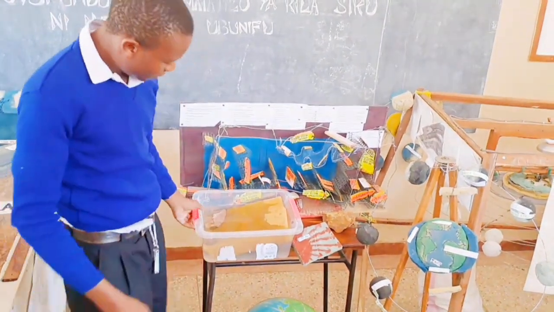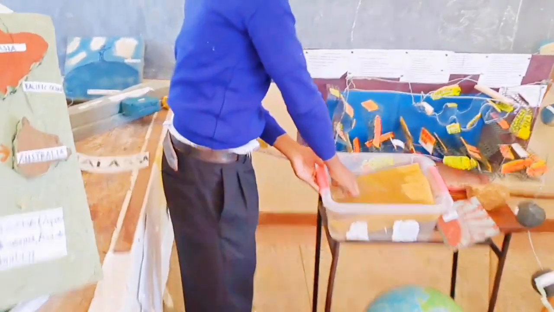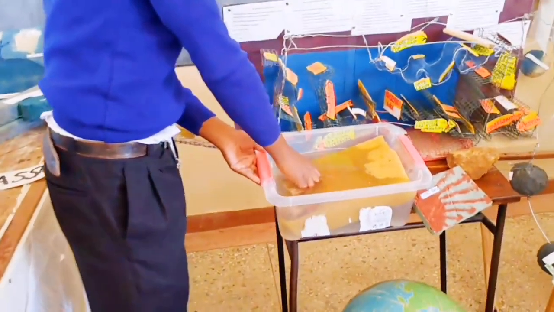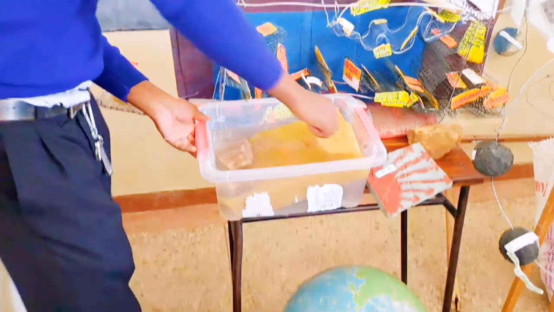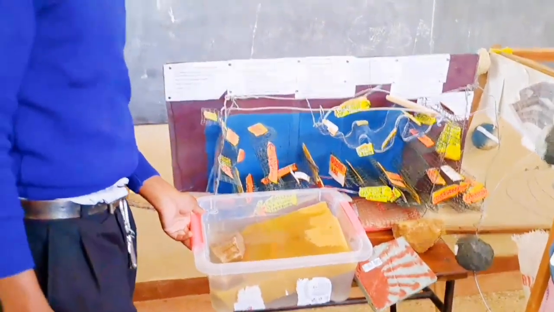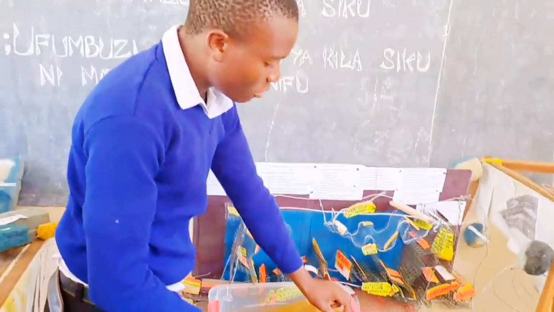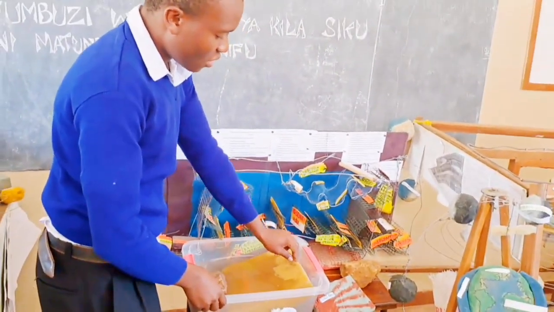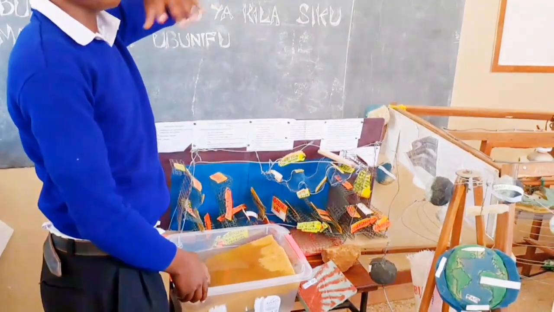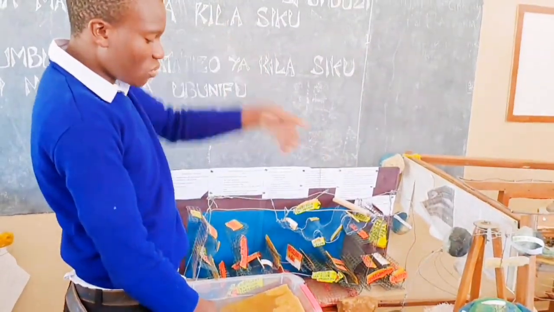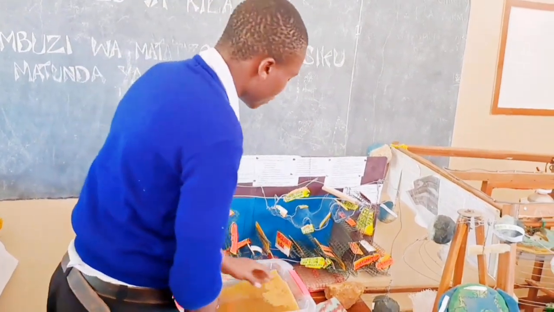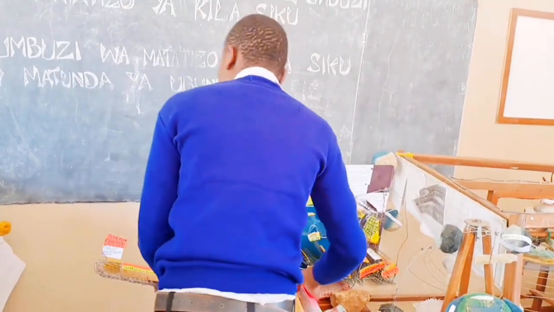As you see here, this part of the land has bent down, while this part has risen up. This rising of the plate causes those molten materials to come out, or erupt. This is enough for this model.